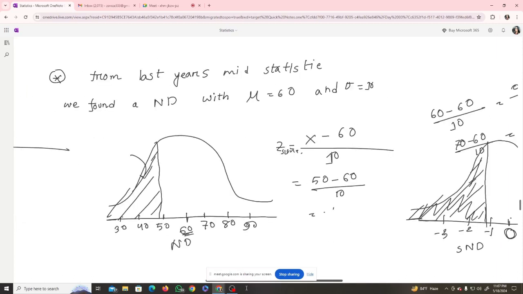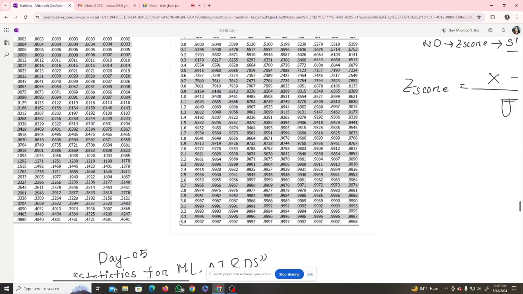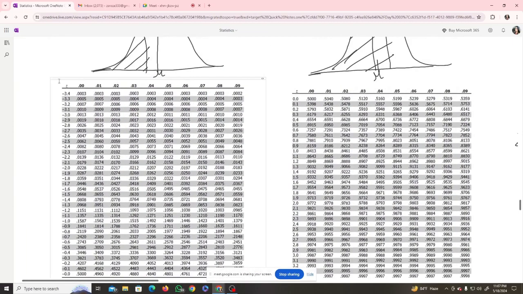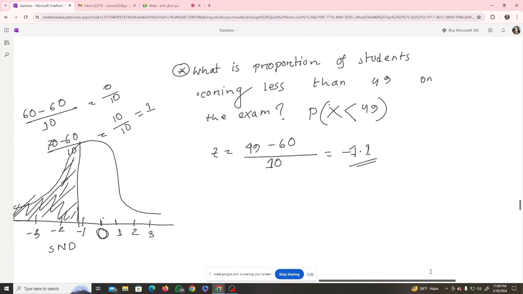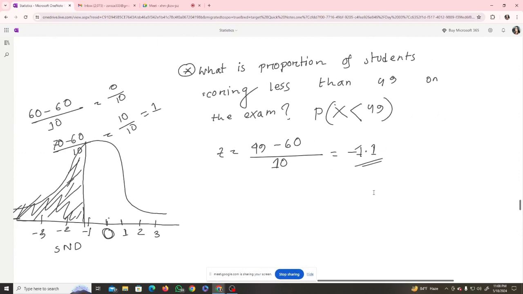As you can see, the Z score runs from 3.4 to minus 3.4. For this reason, we converted it to the Z score, and after having the Z score, you get a smaller value which is in the table to find the area.